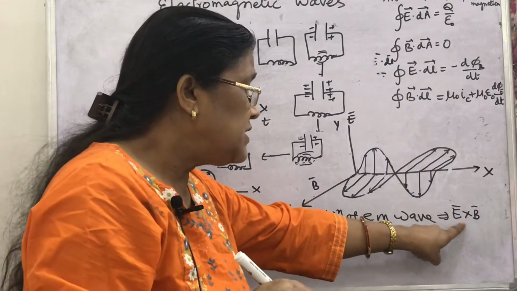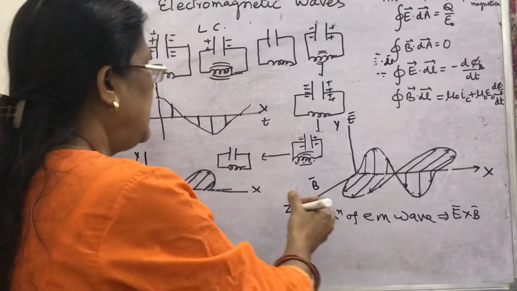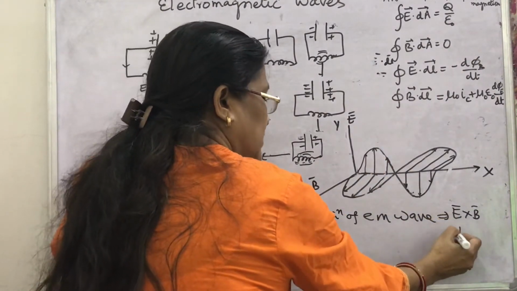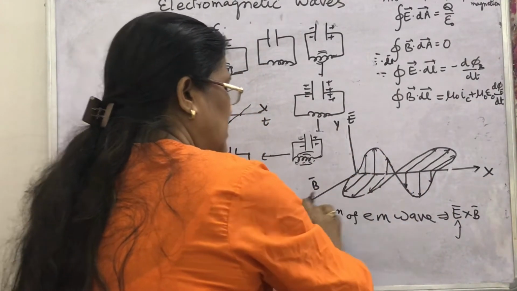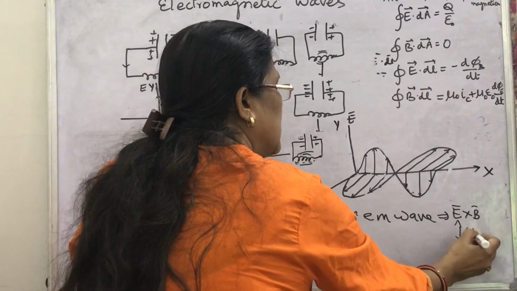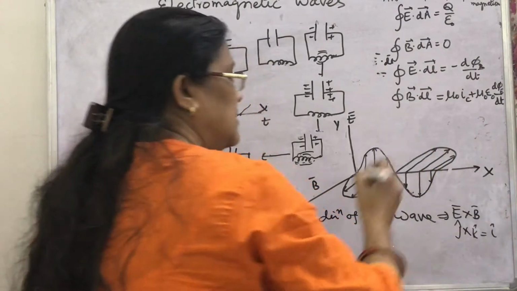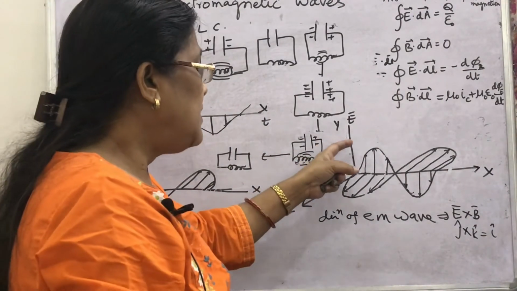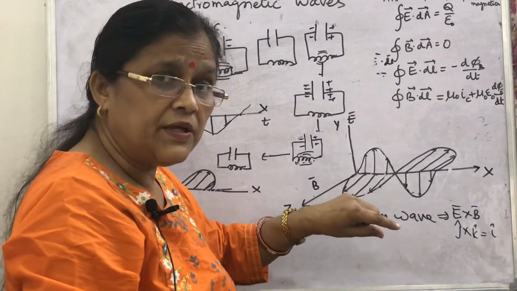So, the direction of propagation is E cross B. If E is in the direction of the y axis, what is the unit vector along the y axis? J. What is the unit vector along the plus z axis? K. So, what is J cross K? You have learned the vector, that is I. One can say that the electric field is along the negative y axis. Then what will be there?